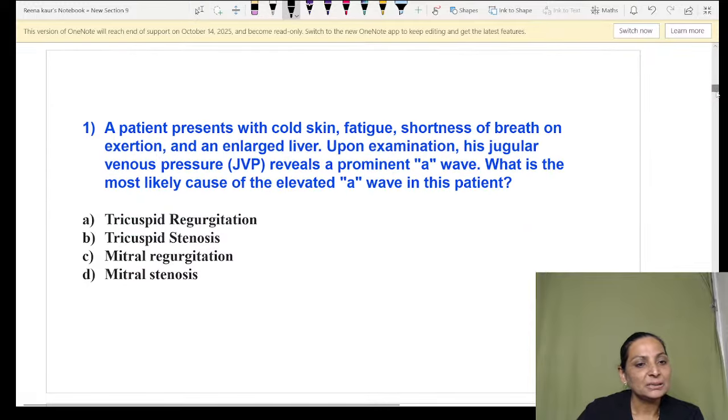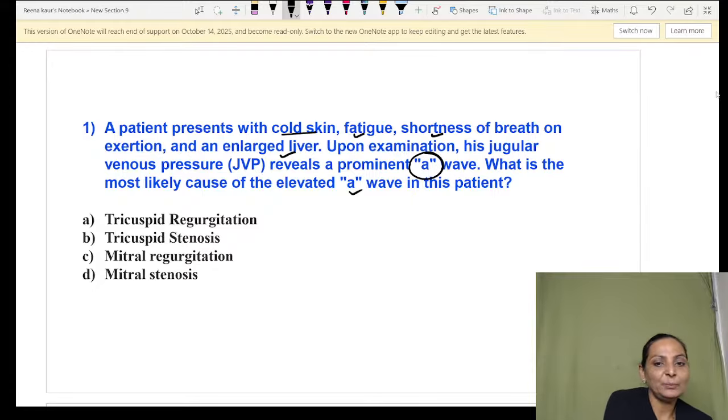Next, there is a patient coming with cold skin, fatigue, shortness of breath on exertion, and an enlarged liver. On examination, the jugular venous pressure shows a prominent A wave. What is the most likely cause of this elevated A wave in the patient? Options are tricuspid regurgitation, tricuspid stenosis, mitral regurgitation, or mitral stenosis.